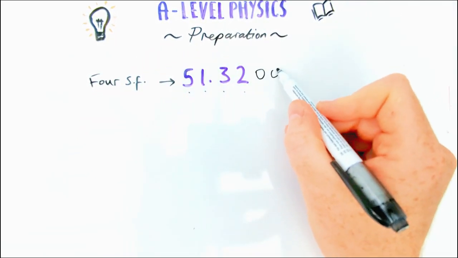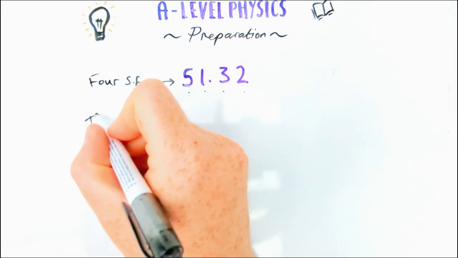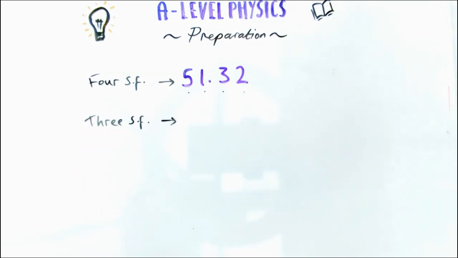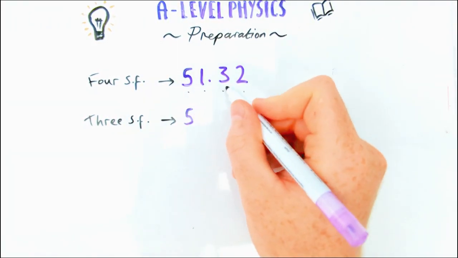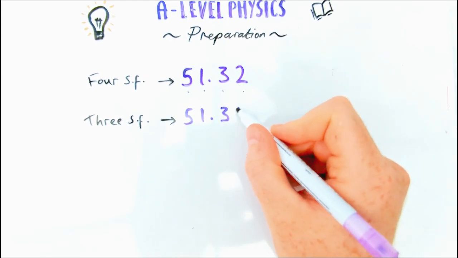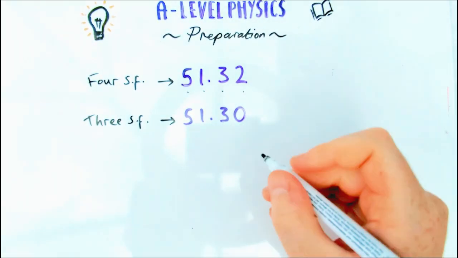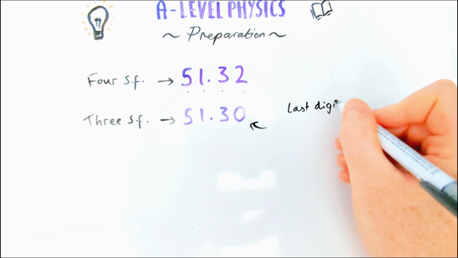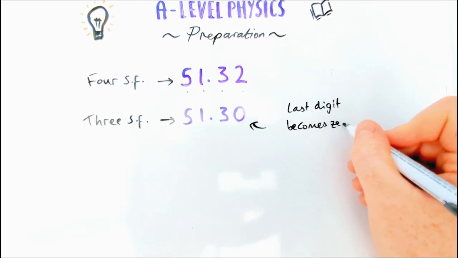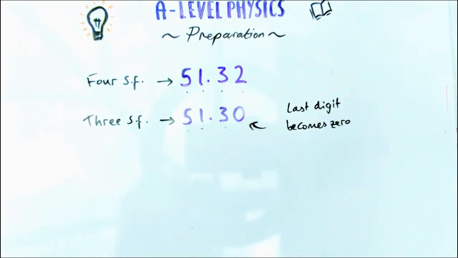So a number like our price of £51.32 is given to four significant figures, 1, 2, 3, 4, to each side of the decimal point. If I was to round it to three significant figures, the last digit rounds down to become a 0. If it's a 0, it doesn't count towards our significant figures total.